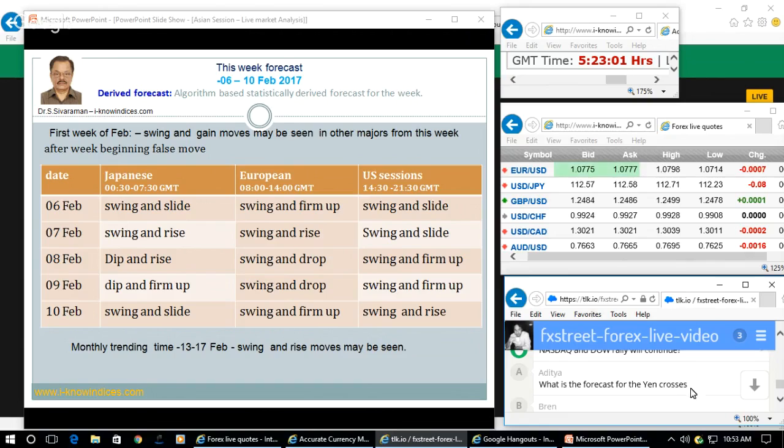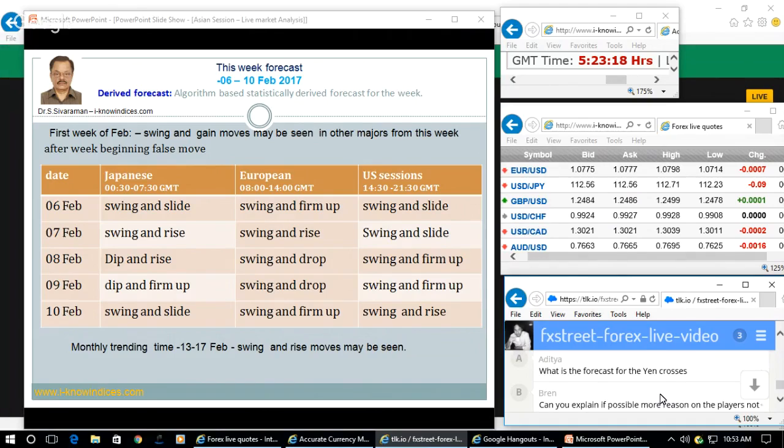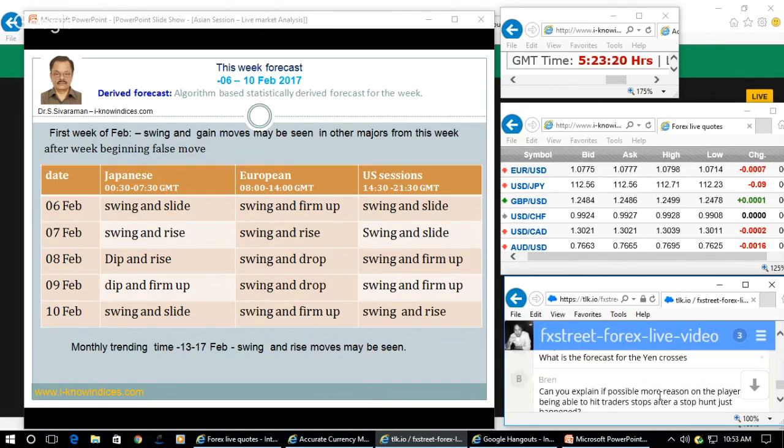As a result, Yen crosses will go up after making a downward move. Wait for such a downward move and then try to take a buy position, you will be safe. Don't look into the chart. The chart might show some supports, but the players are going to breach the supports, go below and accumulate.